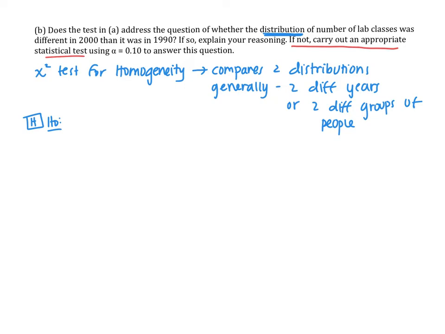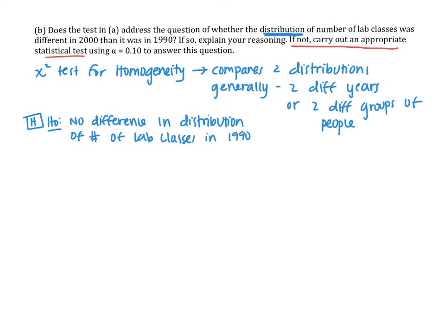So our null is that there is no difference in the distribution of the number of lab classes in 1990 and 2000.